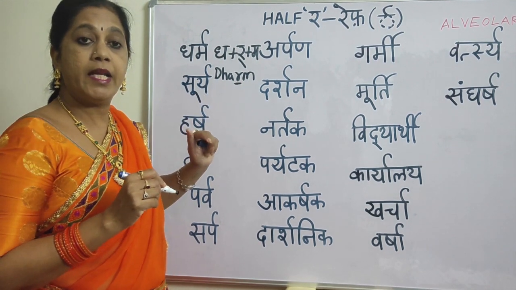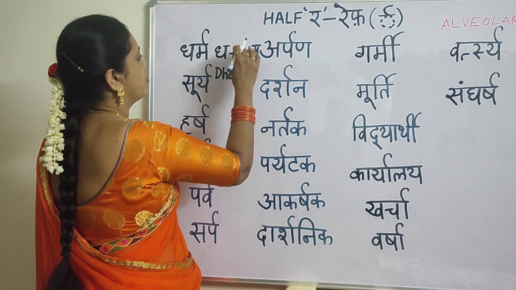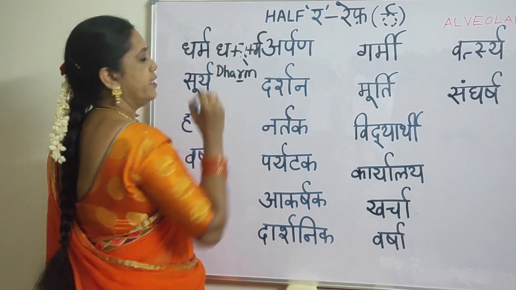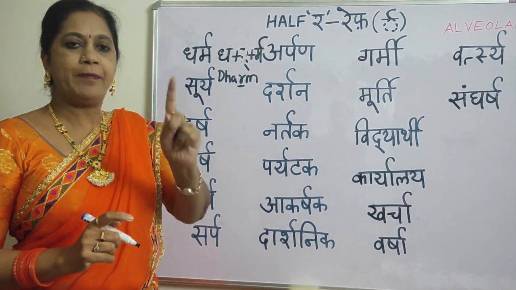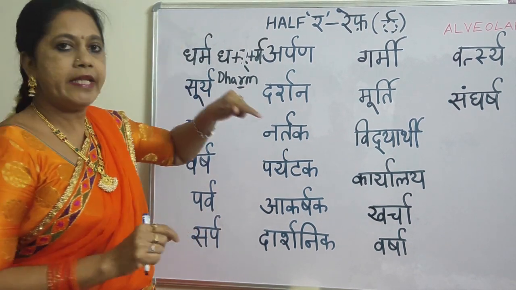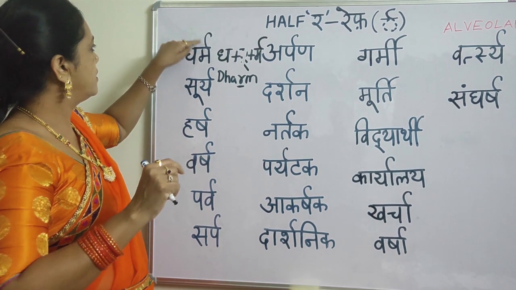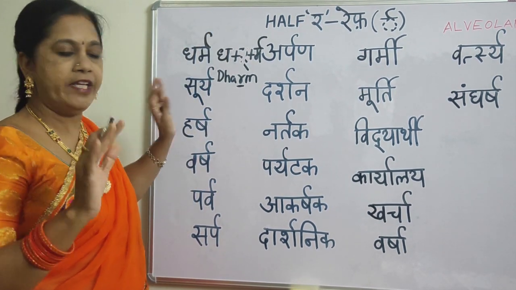Dharma. Dharma. So the ra is coming over here. What happens is this will cut off and it will go over here. What I am coming to tell you is the ir sound or the r sound, that is the ref. This hook is called ref in Hindi.